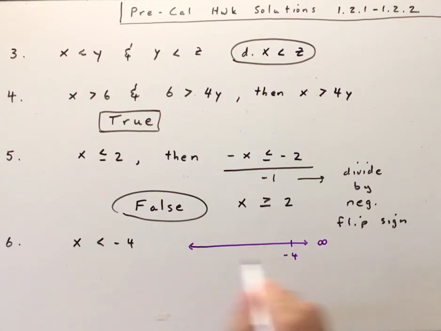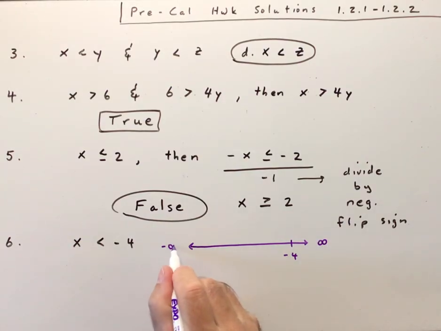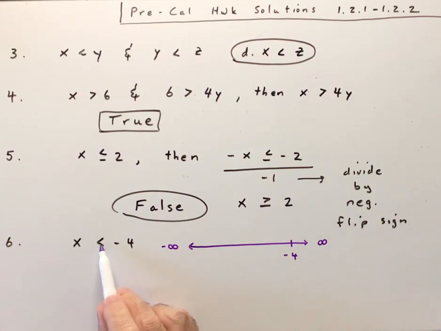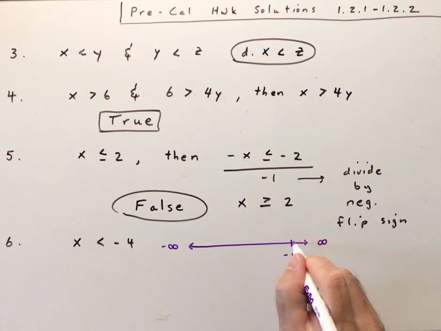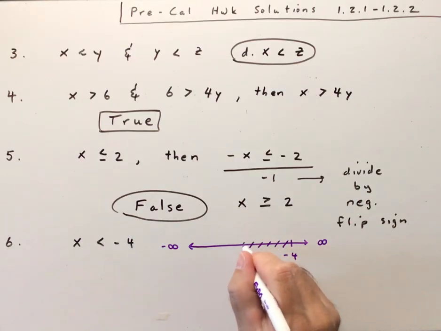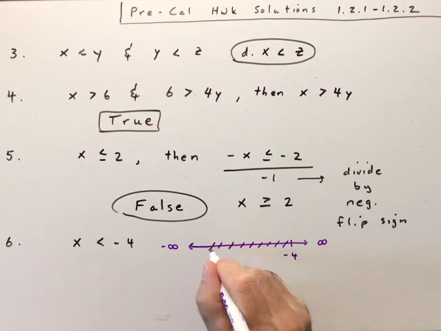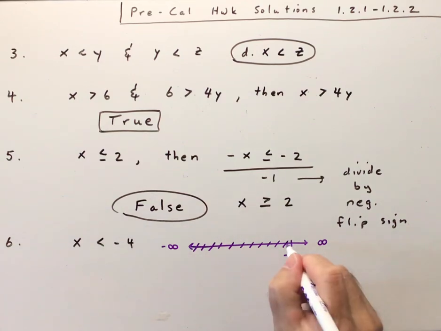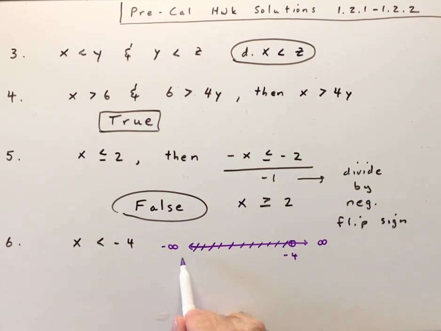We're going to infinity this way and negative infinity this way, right? So if x is less than negative 4, it's all of this, to the left. And it doesn't include the negative 4, so you'd have that open circle there.